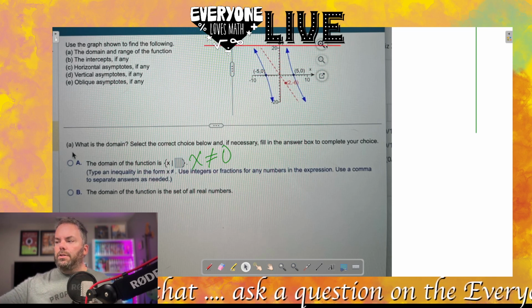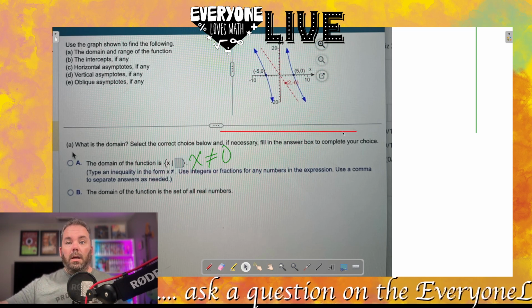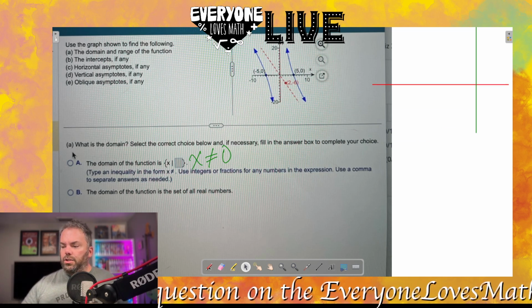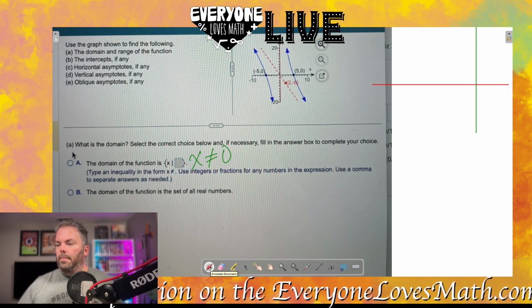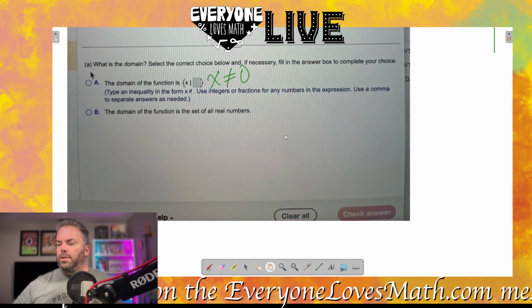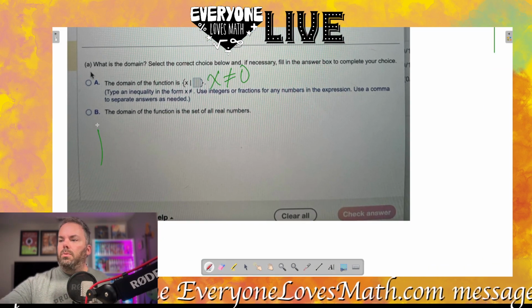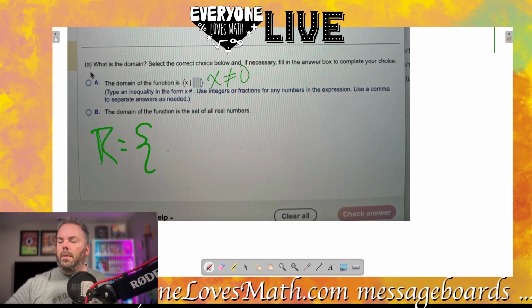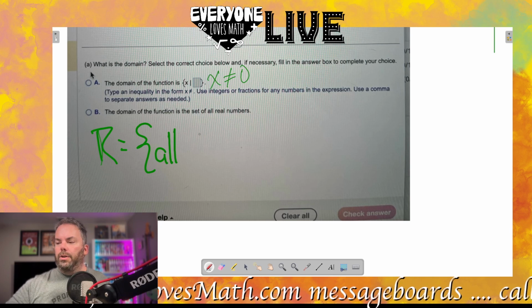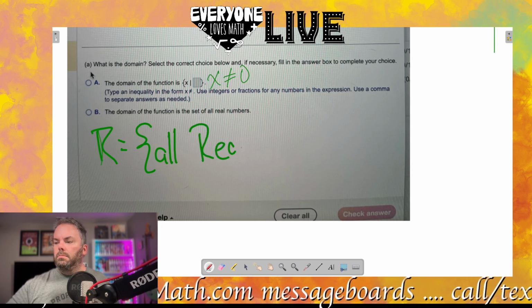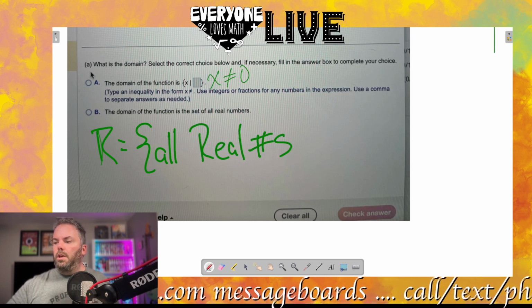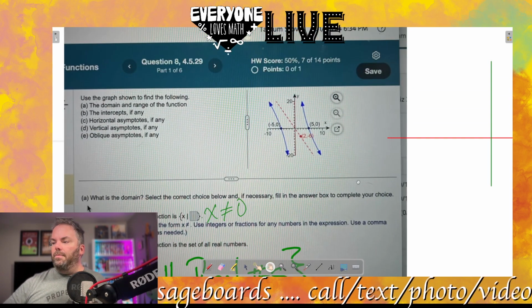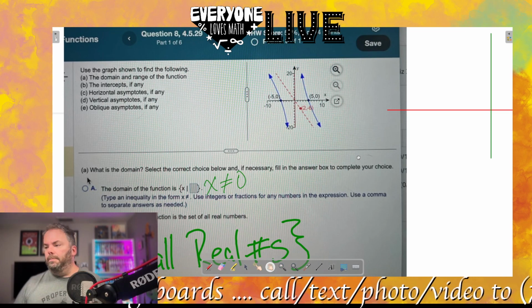Looking in the vertical sense, there is nowhere vertically where this function is not happening. So the range for this function, let me write it underneath, darker, would be all real numbers, because there are no y values that are not considered by this graph. Every y value appears somewhere.